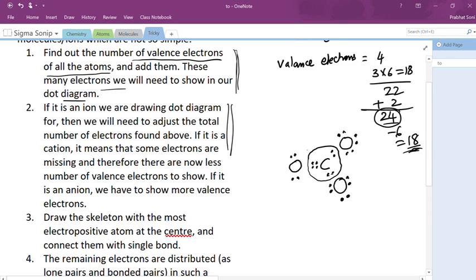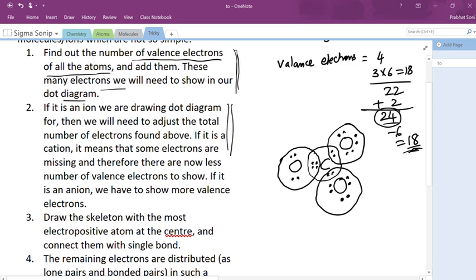I made a mistake there, not drawn properly. That's one oxygen, that's another oxygen, and that's another oxygen. So that's what we have here.